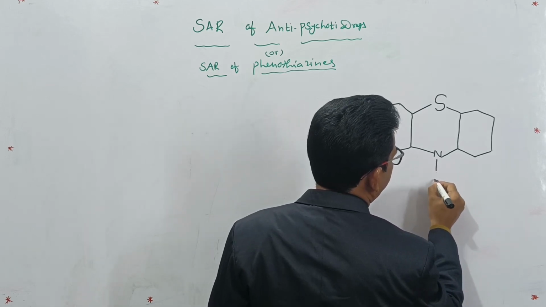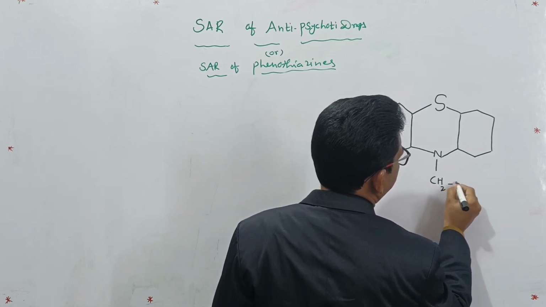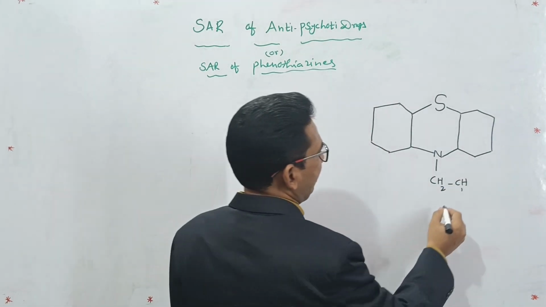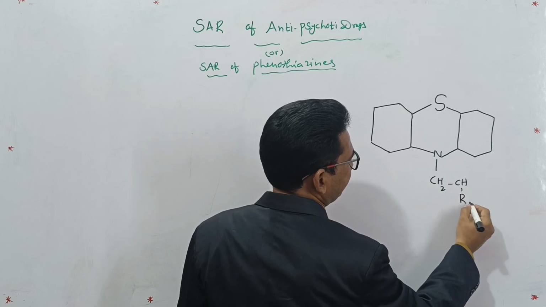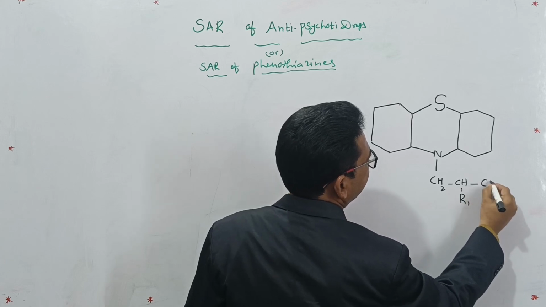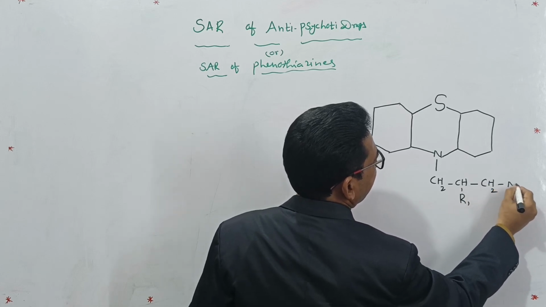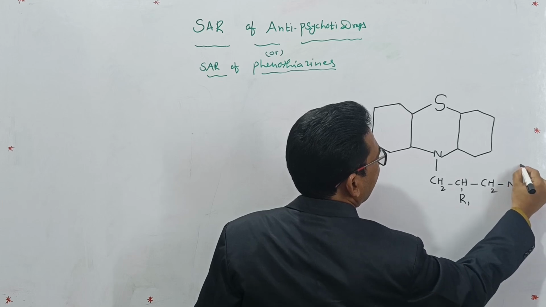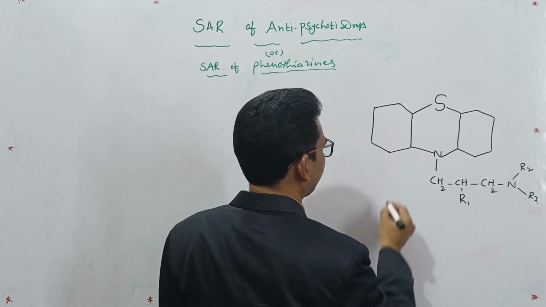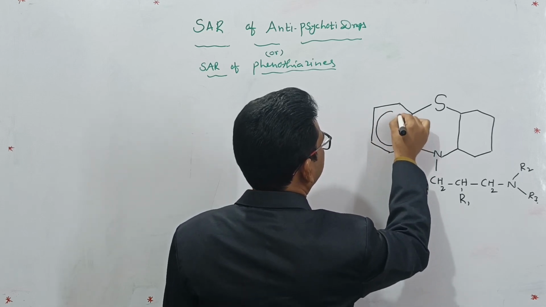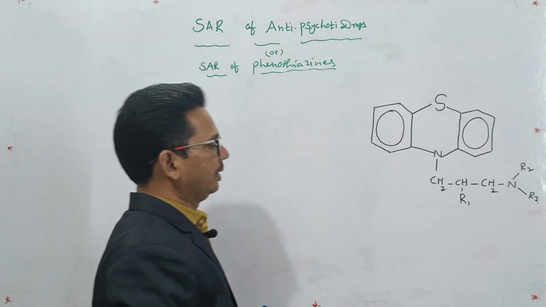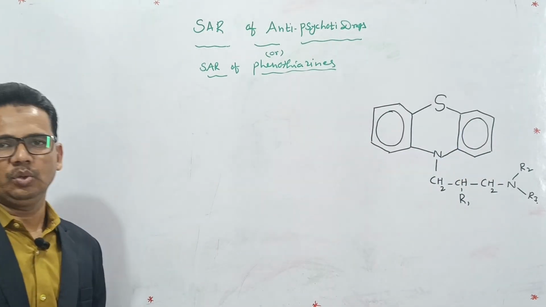Here it will have the side chain. Here one substitution it will have, and here it will have another two substitutions. This is the structure of the phenothiazines.